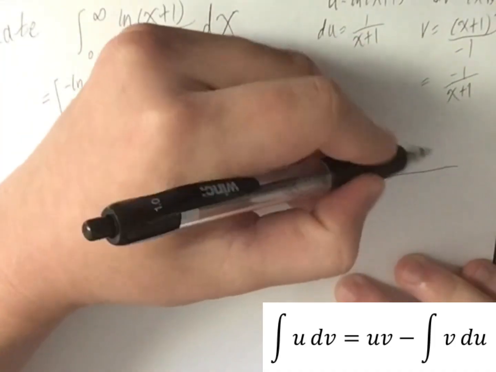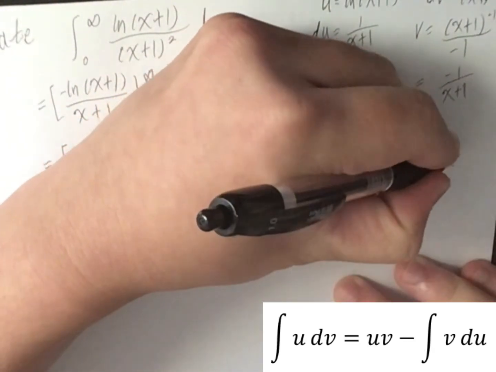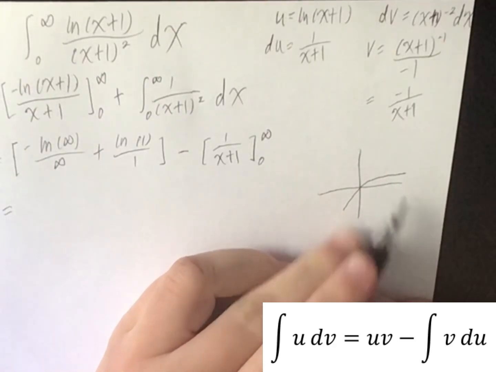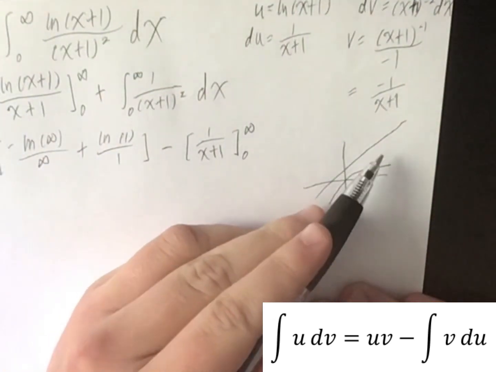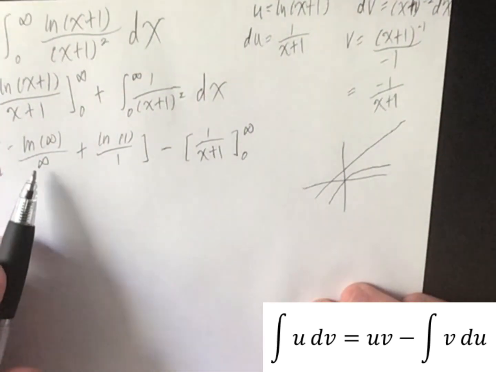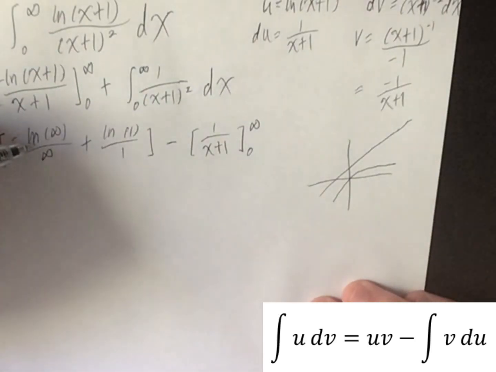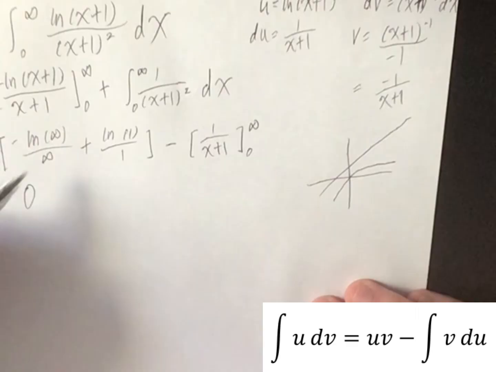If you look at the graphs here, ln of x plus 1 is basically this thing. It grows very slowly when x is very large, but x plus 1 is this thing. So in the end, when x approaches infinity, it will be much larger than the natural log. So this is like a large number divided by an even larger number, so this will be 0 in the first case.